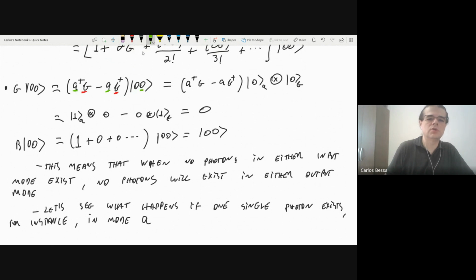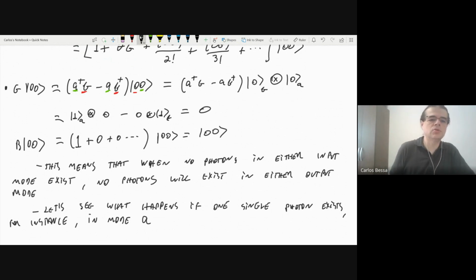So this is the green and this is the red. The convention that the Nielsen Chuang book is using is this one. The B is in the left mode and the A in the right mode.